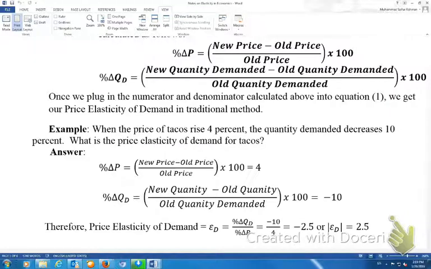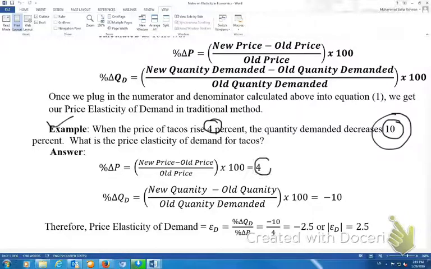The example that we are looking at is talking about the price of tacos rising by 4% and the quantity demanded decreasing by 10%. So we exactly know the percentage change in P, and we know the percentage change in quantity demanded. So all we have to do is plug those in.